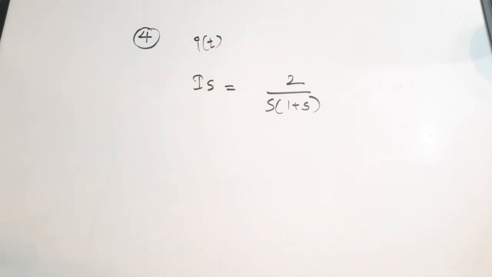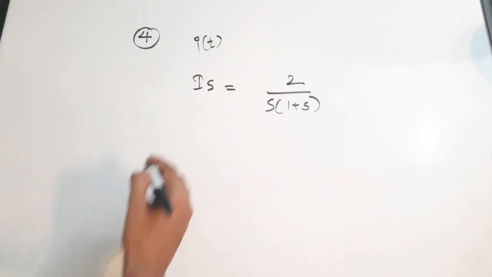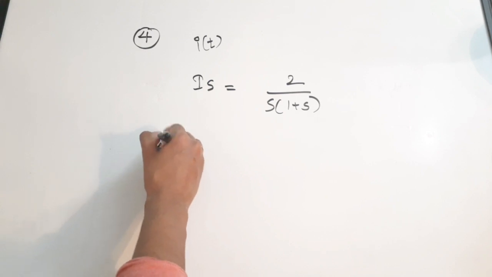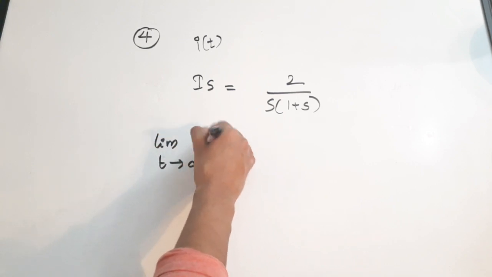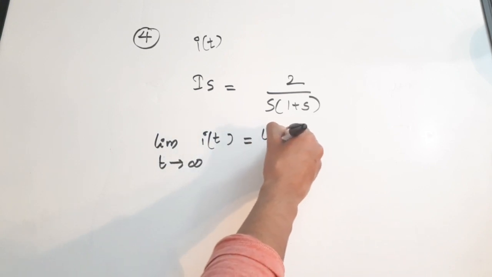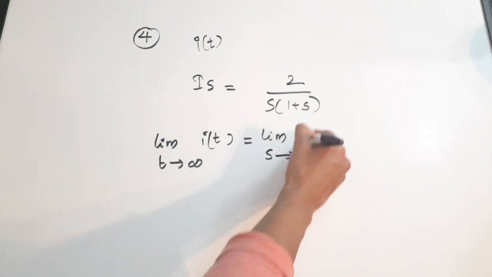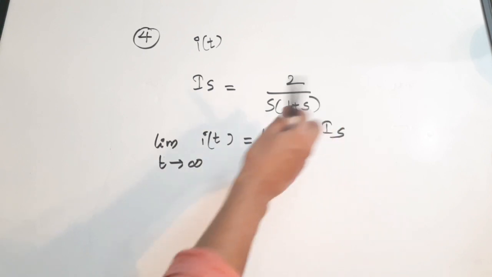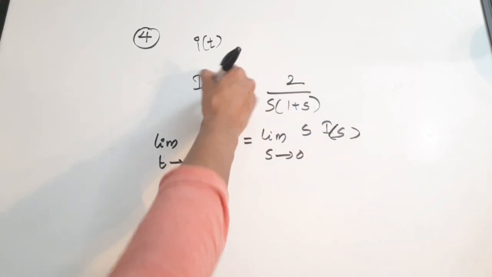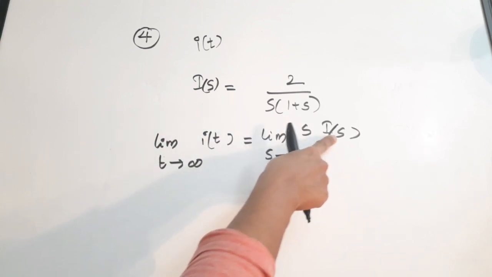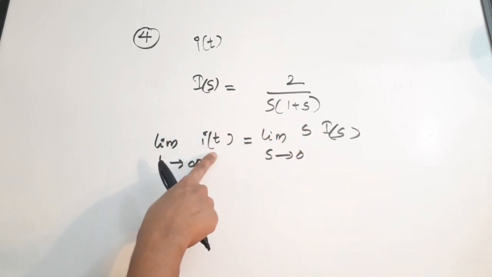Now as t tends to infinity, the value of i of t tends to what? According to the final value theorem, limit t tends to infinity i of t is equal to limit s tends to 0 of s into I of s, where I of s is the Laplace transform of i of t.